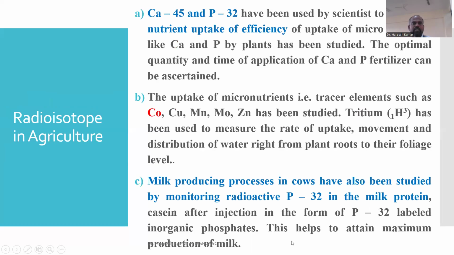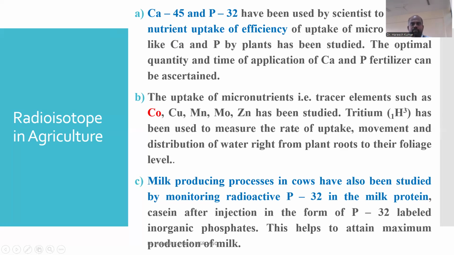Then see, calcium 14 and phosphorus 32 have been used by the scientists to study the nutrient uptake efficiency. The uptake of micronutrients like calcium and phosphorus by plants has been studied. The optimal quantity and the time of application of calcium and phosphorus fertilizer can be ascertained.